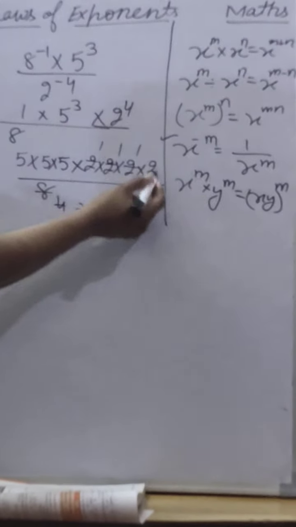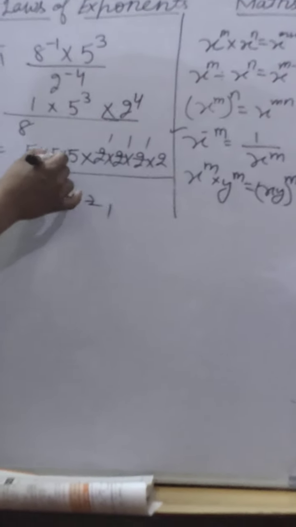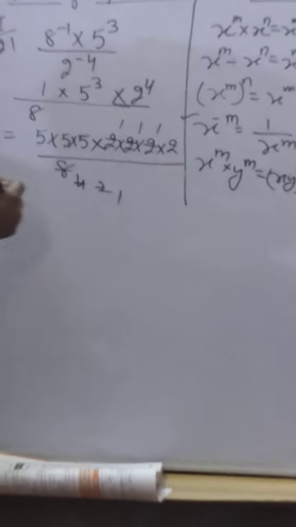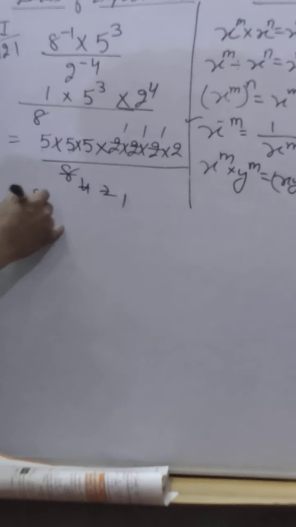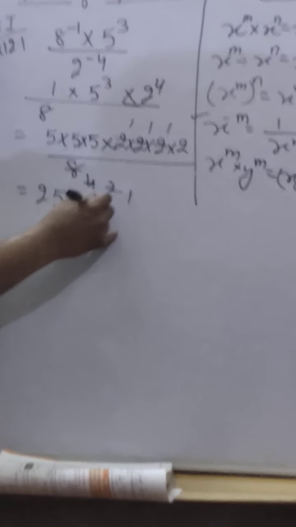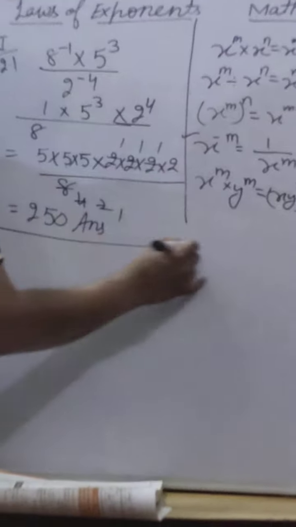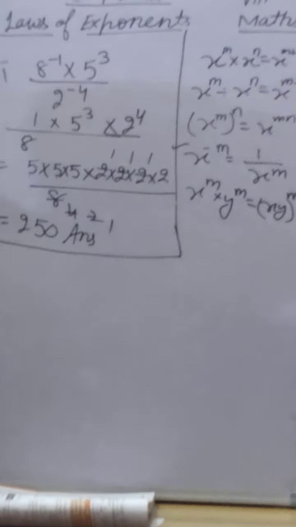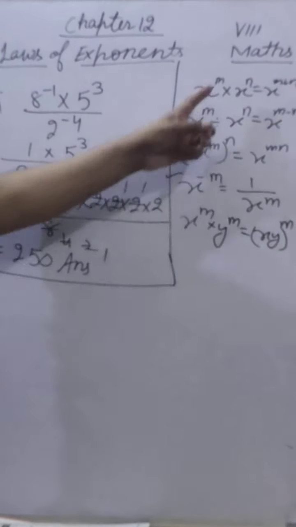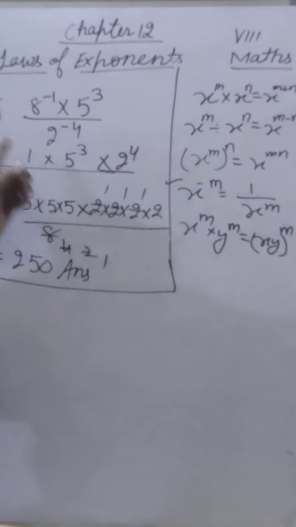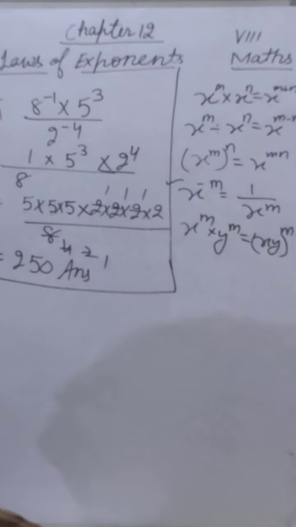So now 2 into 5 is 10, 10 into 5 is 50, 50 into 5 is 250. So this 250 is the answer. So I think it's clear. If you know the laws of exponents, then you can simplify any question in this.